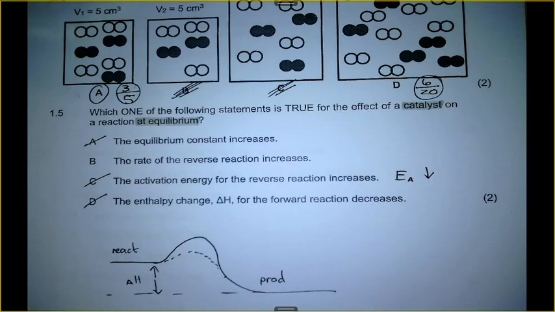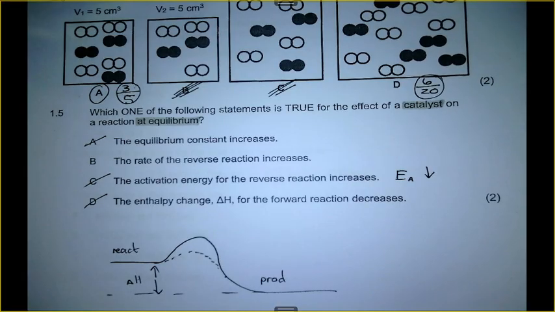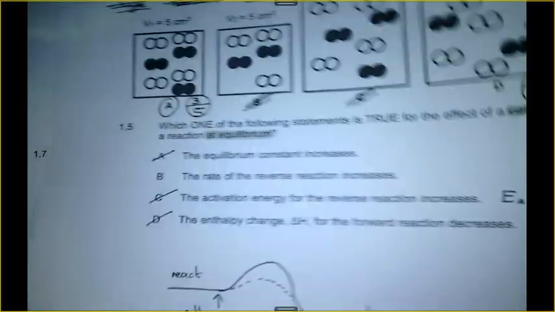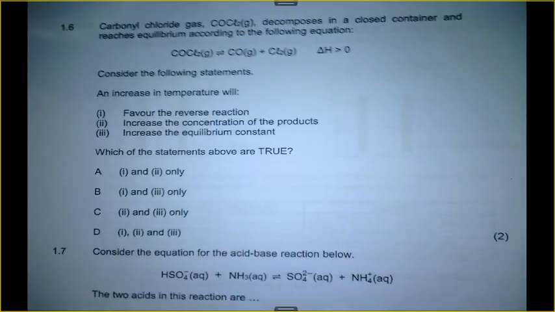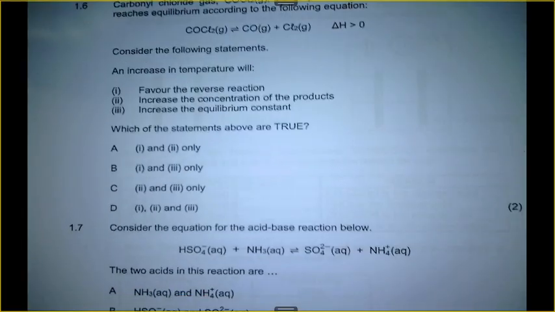Yes, it does. It's not only the rate of the reverse reaction, it's the rate of both. But anyway, not a cool question. It's, I suppose, fine. Alright. I will deal with 1.6 and 1.7 when we get there.